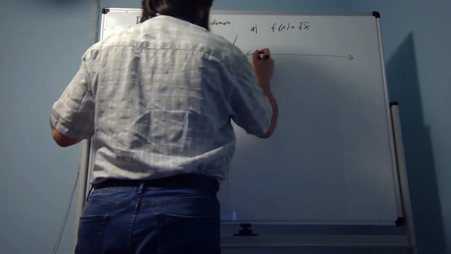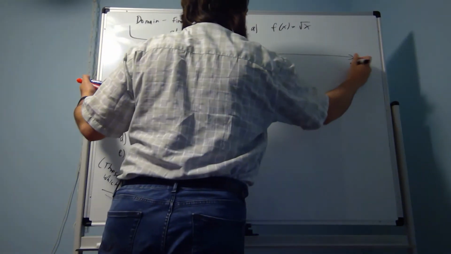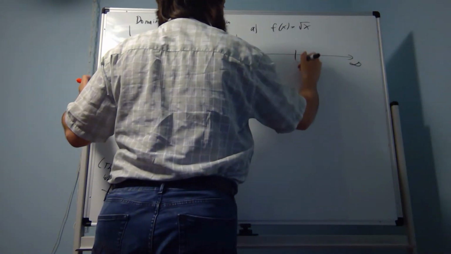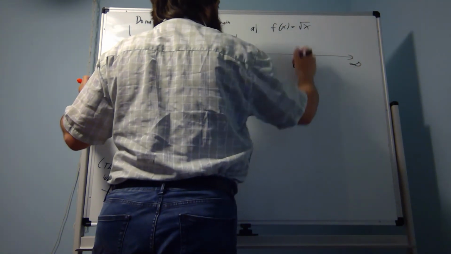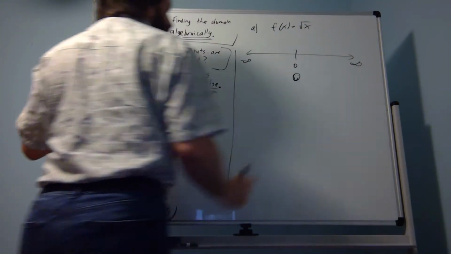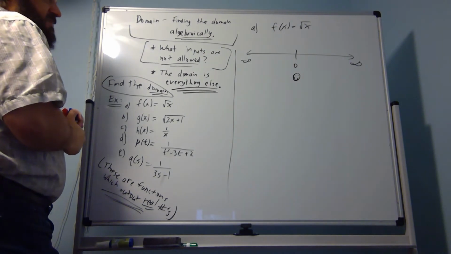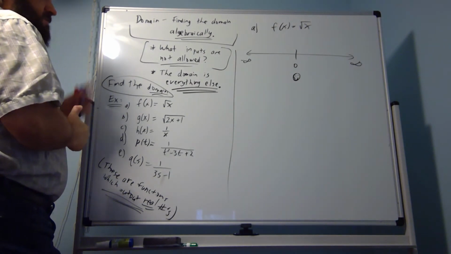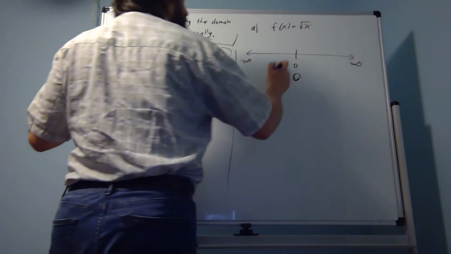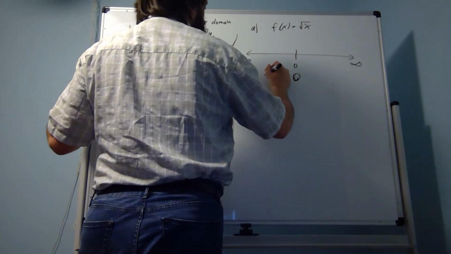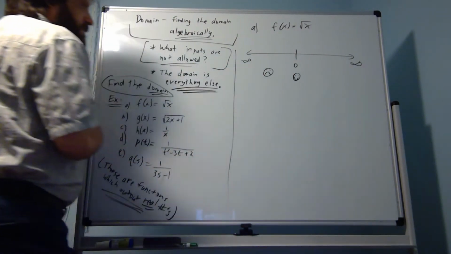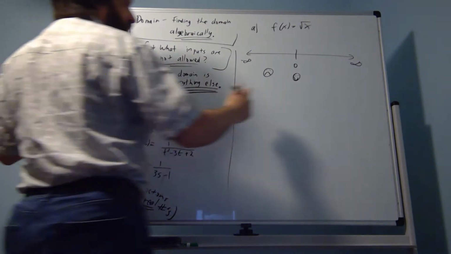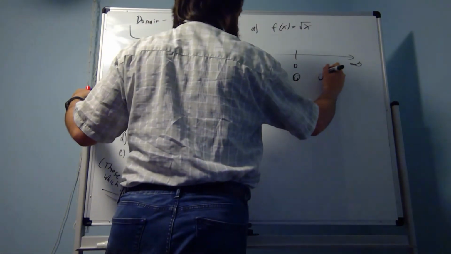But maybe let's just draw a real number line. Zero, the number 0 is actually okay. But negative numbers are not okay, and positive numbers are okay.